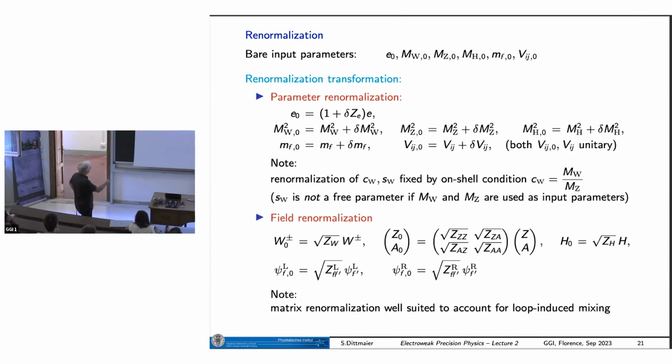Apart from the parameter normalization, we also do this trick of rescaling the fields. And if you have fields carrying the same quantum numbers, the corresponding particles, or better, let's say the fields, they can mix. What does mixing mean in higher order? For example, let's take the photon and the Z system as the prototype of this phenomenon.